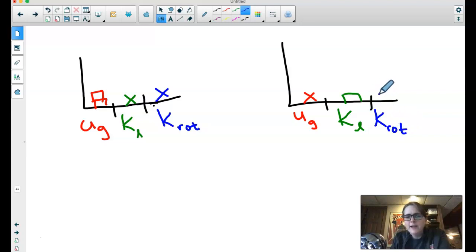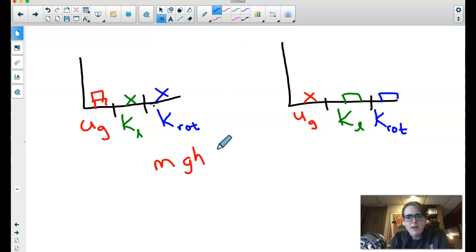So that linear kinetic energy is related to the speed of the center of mass, but that rotational kinetic energy is related to how fast it's rotating. And I can right away see from my bar charts that when we're accounting for that rotational kinetic energy, I've got less linear kinetic energy than I originally predicted, which would match with getting a smaller linear velocity.